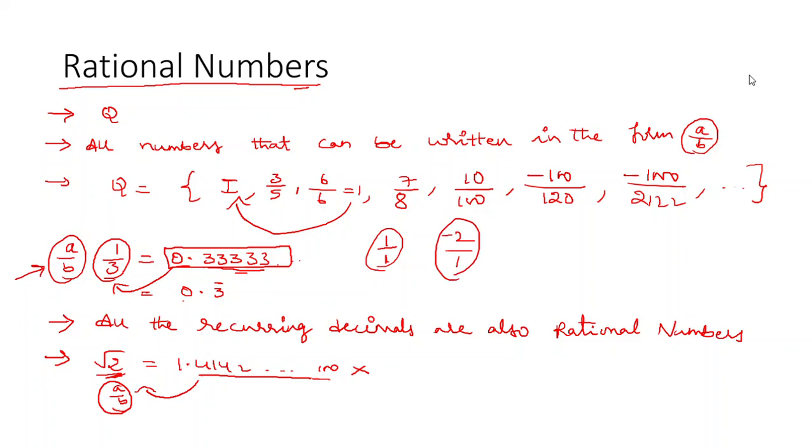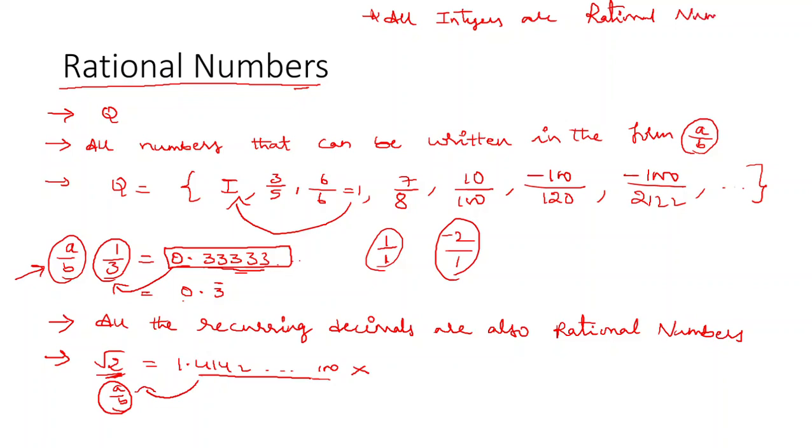So we can represent all the integers in the form a by b, and so all integers are rational numbers. Let me write here: all integers are rational numbers.